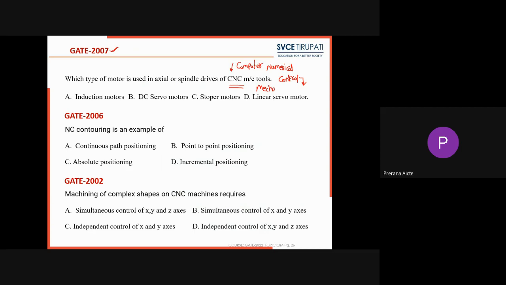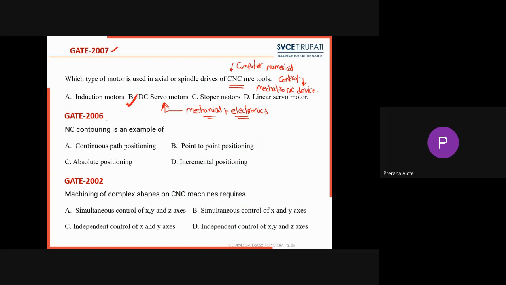CNC is a mechatronic device. What is a mechatronic device? It is a combination of mechanical plus electronics, known as mechatronics. In almost all mechatronic devices, we use DC servo motors. So the answer is DC servo motors, used for motion control in the case of CNC.